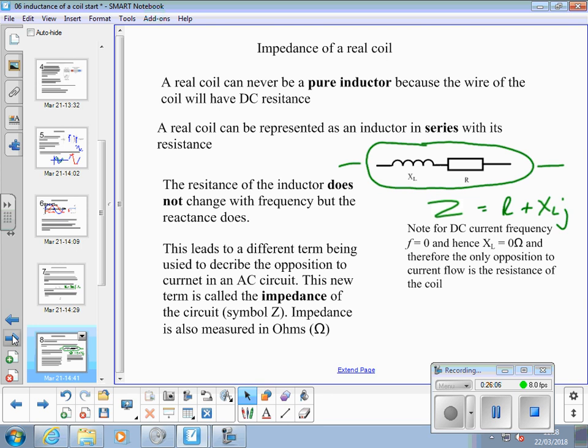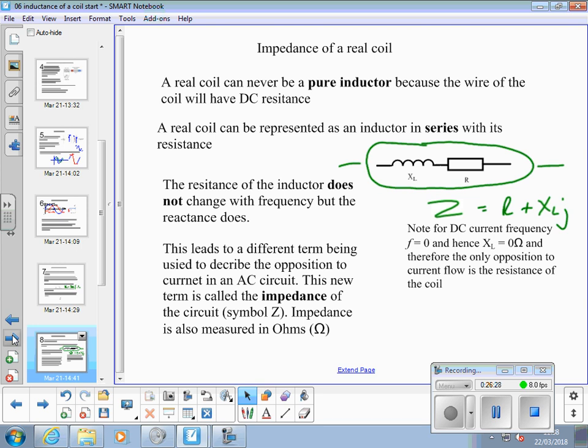What you can't do is go inside that coil and put a meter on just the resistor or just the inductor. You can talk about the voltage that would be across each, but you can't measure them. That's a way of representing a real coil.